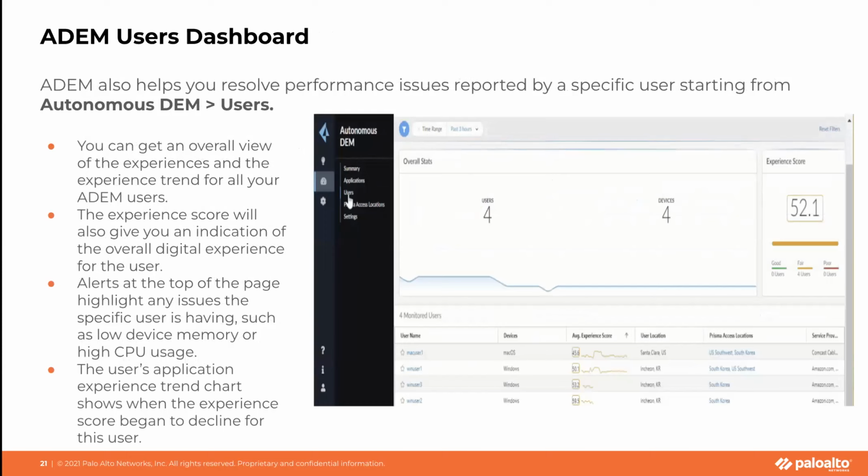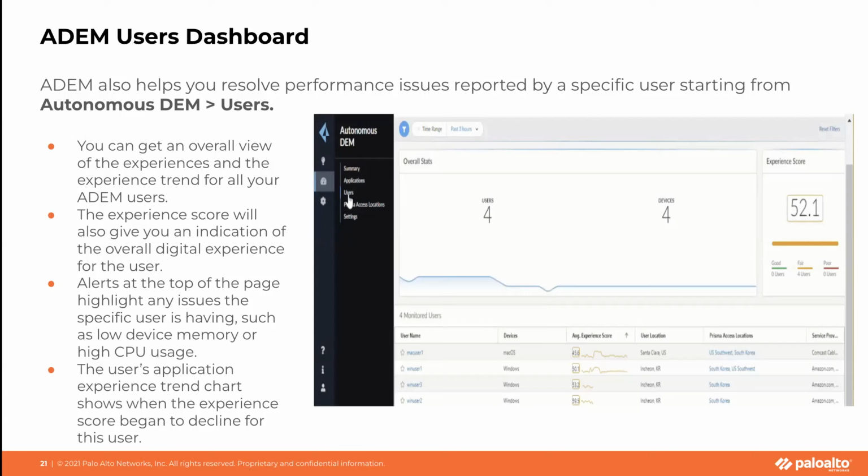The User dashboard gives you an overall view of the experiences and experience trend of all the ADEM users, and you can also see the per-user view of the digital experience across your SASE environment. When you drill down to the alerts at the top of the page, it highlights any experience issues and specific users having problems, such as low device memory or high CPU.